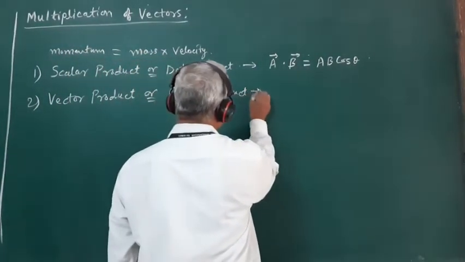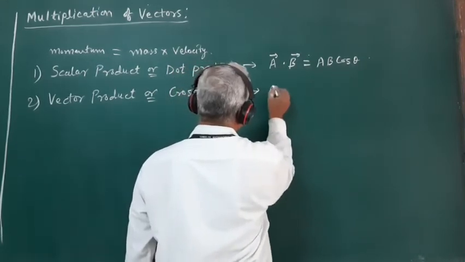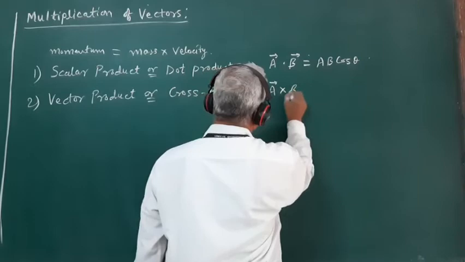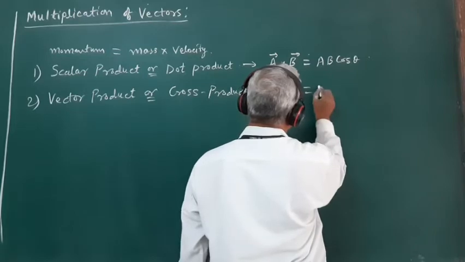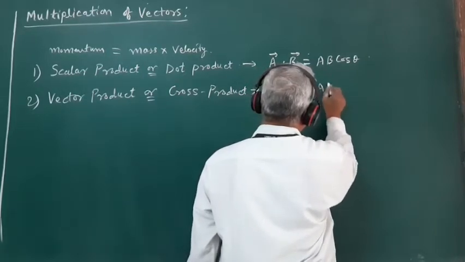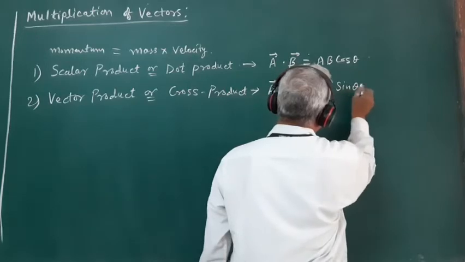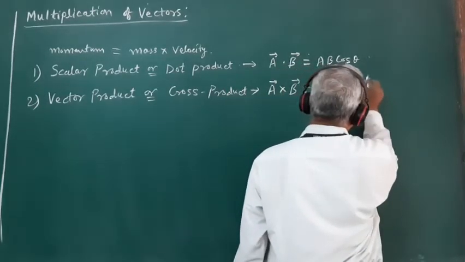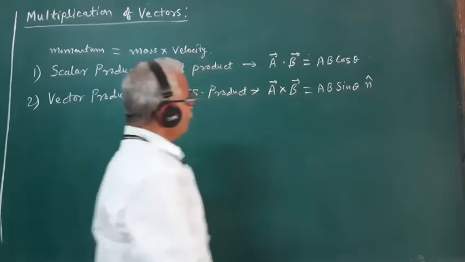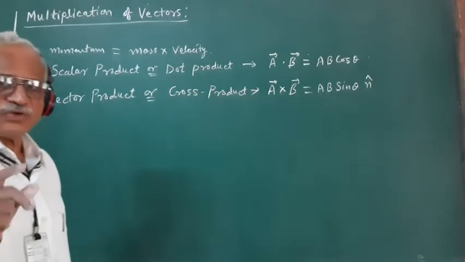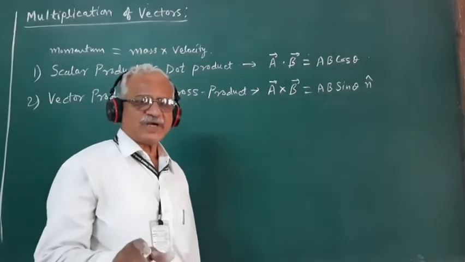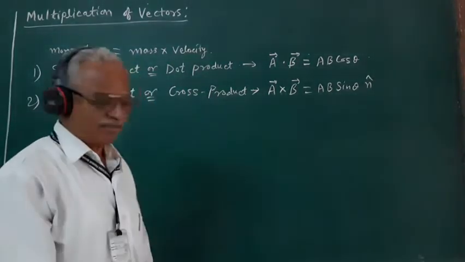Whereas the cross product of two vectors is represented as A bar cross B bar and is obtained as A B sin theta n cap, where n cap is the unit vector in the direction of A bar cross B bar.